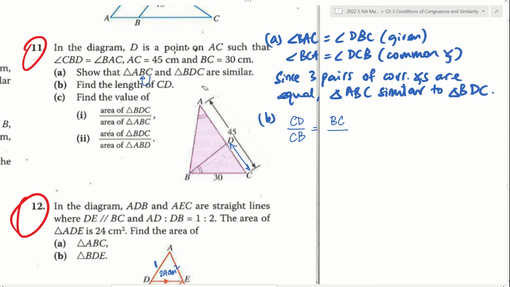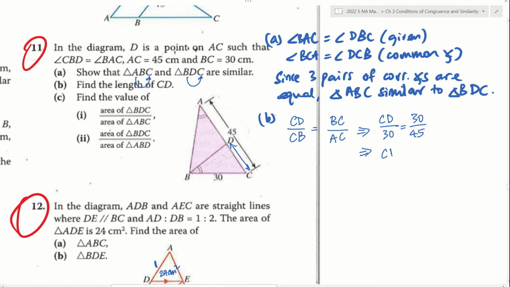It belongs to the small triangle this time, so BC corresponds to AC. Then I quickly glance at the diagram, and I have that value also. So I'm happy. I formed an equation with three values and one unknown. Surely I can do it. So from here, CD over 30 equals 30 over 45.